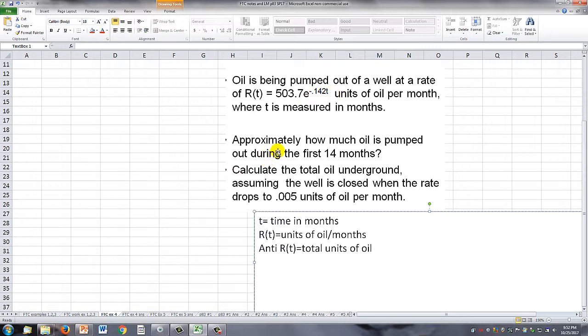So if we want to know how much oil is pumped out during the first 14 months, then I can set up my t for time in months, and I want to know from 0 to 14 months the total amount of oil, which would be anti-R of t. So the antiderivative would be 503.7 divided by negative 0.142 times exp to the negative 0.142 times t.